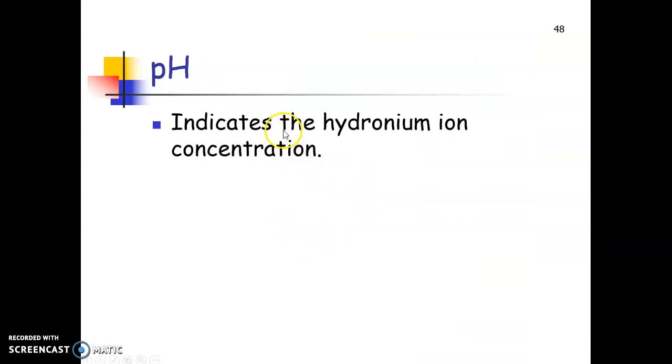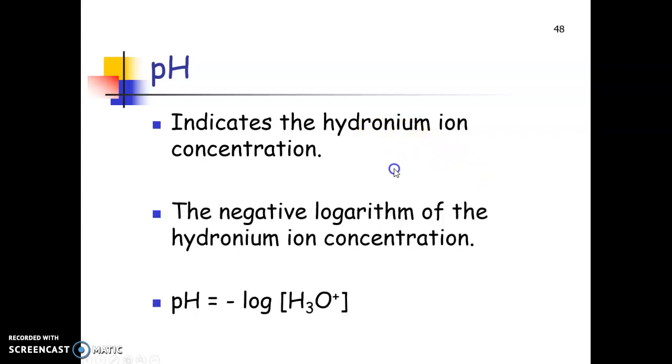Alright, so the pH is an indication of the hydronium or the hydrogen ion concentration. That's the H+ in brackets or H3O+ in brackets. So there you go, there's the H3O+. You could replace that with H+ just as easily. So the way you calculate pH is you take the negative log, that is a base 10 log on your calculator.